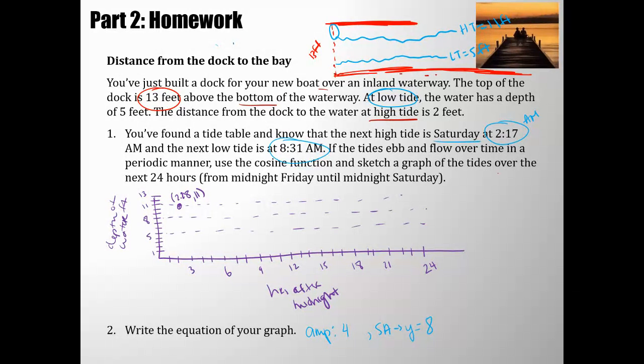At 8:31, 31 is what fraction of an hour? It's a little more than 0.5, so about 0.52. I'll go to 2 decimal places. So at 8.52, we're at low tide, which is 5.